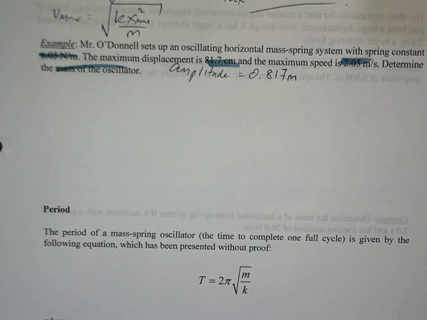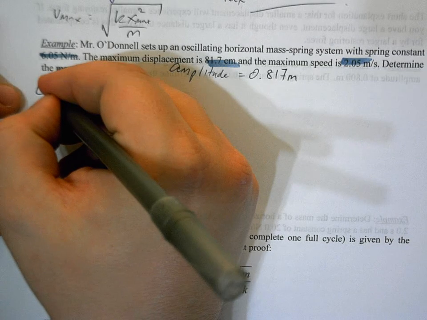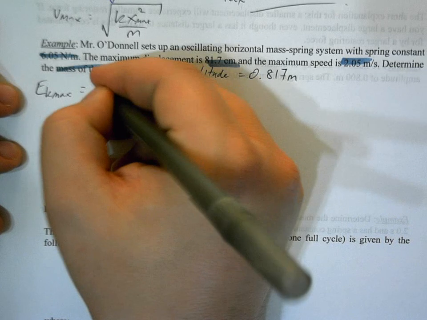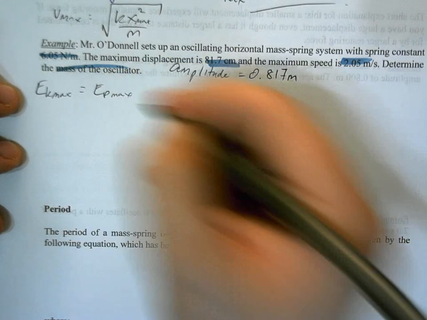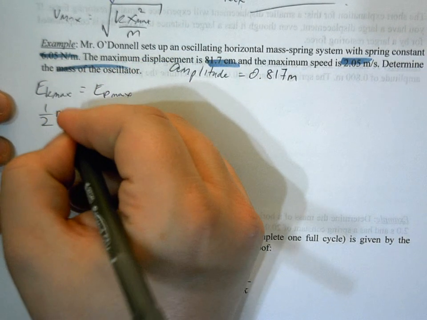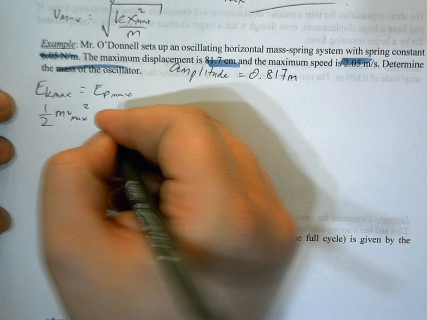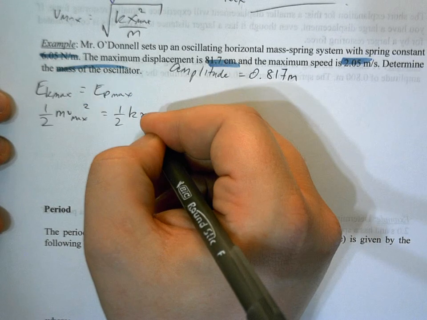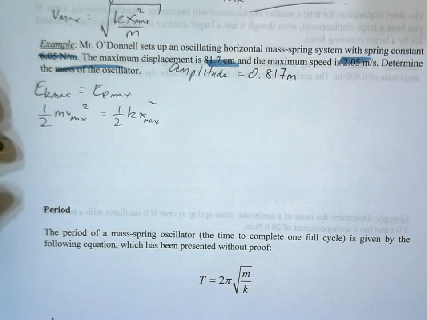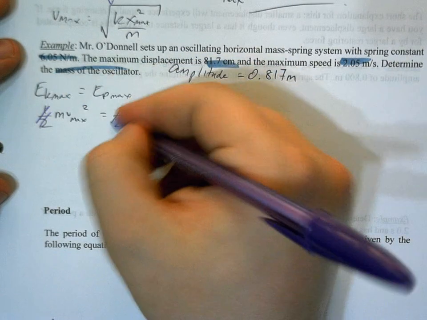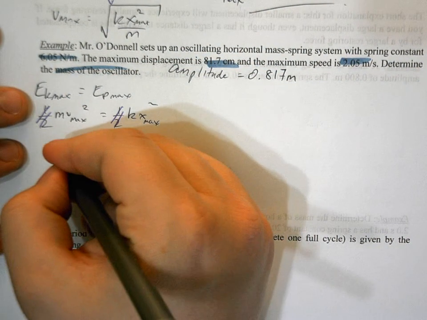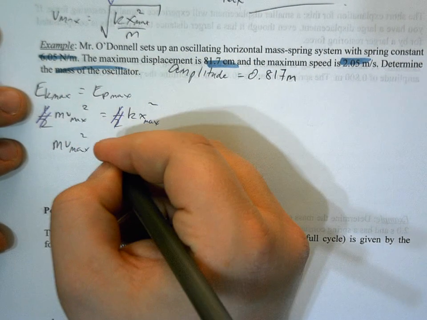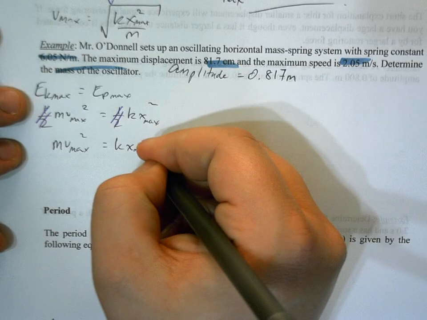So this time, let's see what we got going on. So we have our EK max is equal to EP max. So we're going to have half M V max squared is equal to half K X max squared. Again, the halves, we're going to take a hike. So I'm going to have M V max squared is equal to K X max squared.